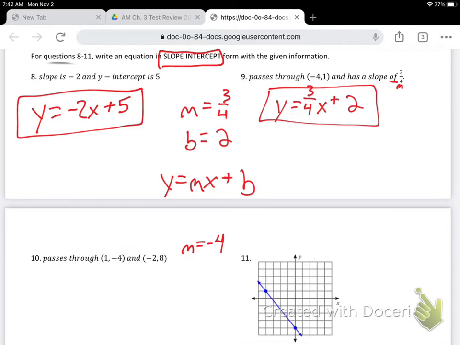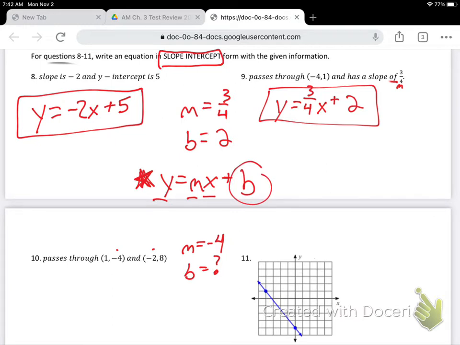So now I know what my slope is, but I don't know what the b is again. So I can take either one of these points here, and I'm just going to plug it in. And by plugging it in to this equation here, the slope-intercept equation, I'll have my y, my m, and my x, and then I'll be able to solve for b.